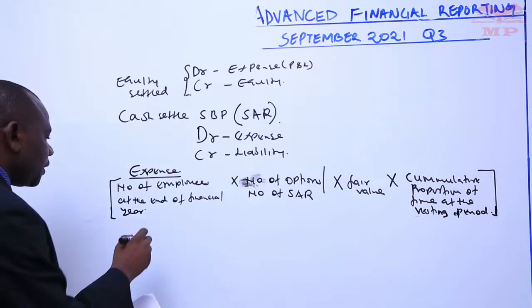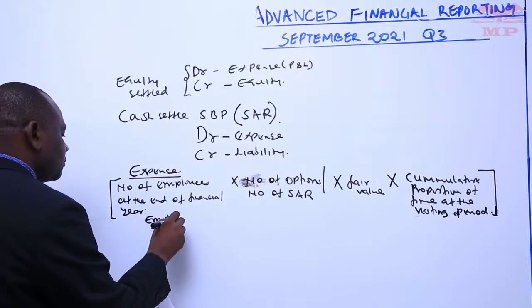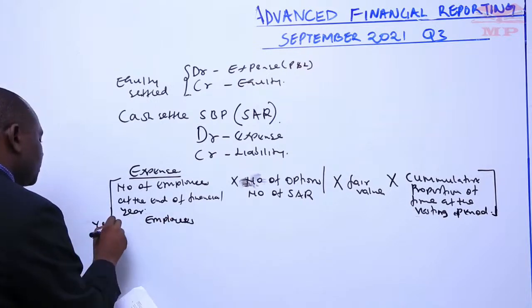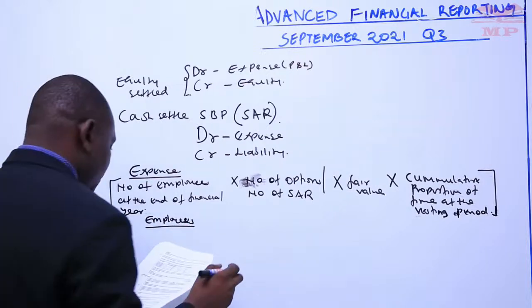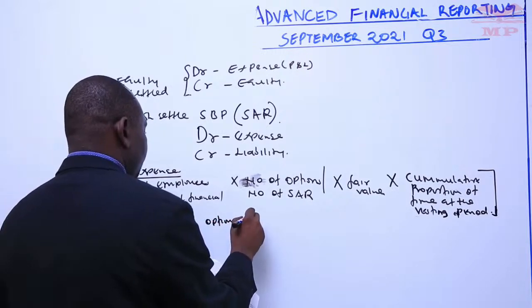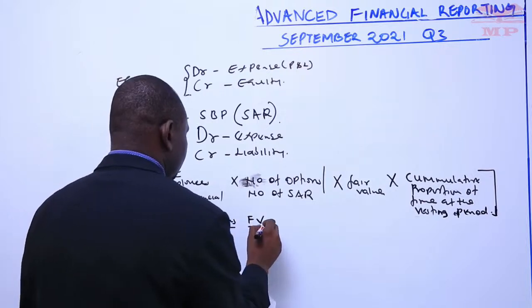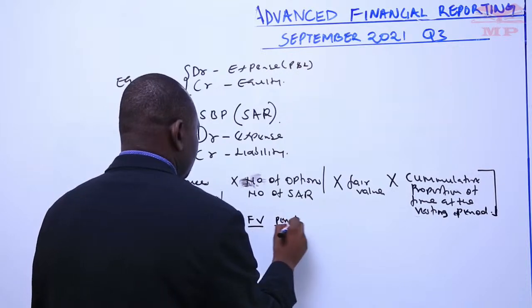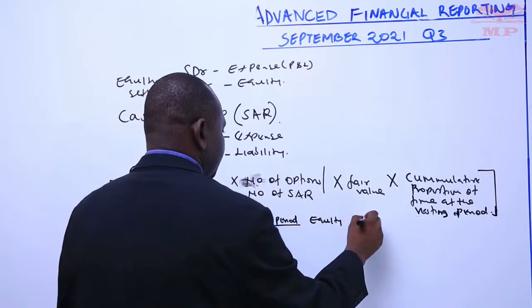So we have here employees, year, options, fair value, period, then equity and expense.